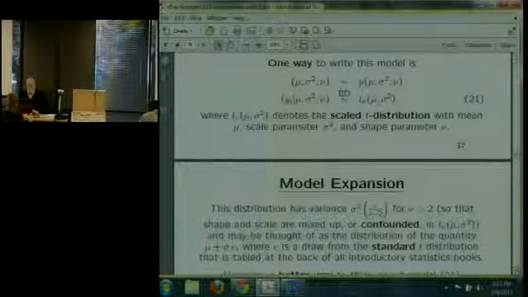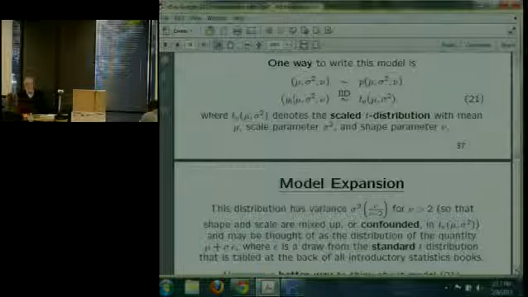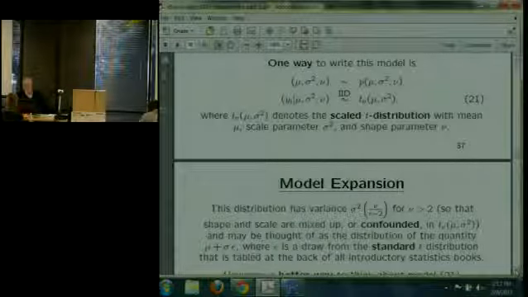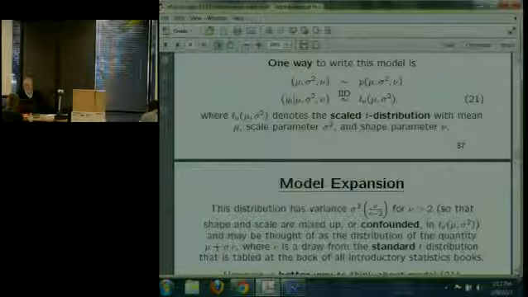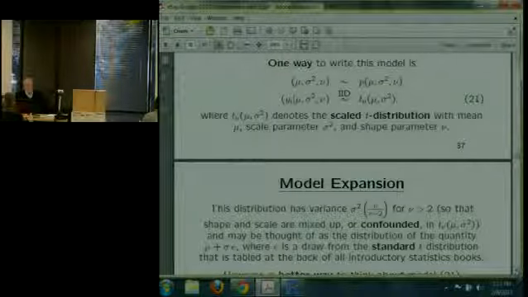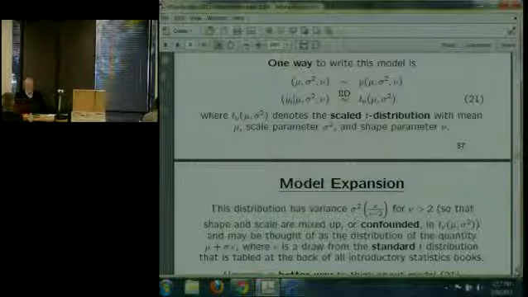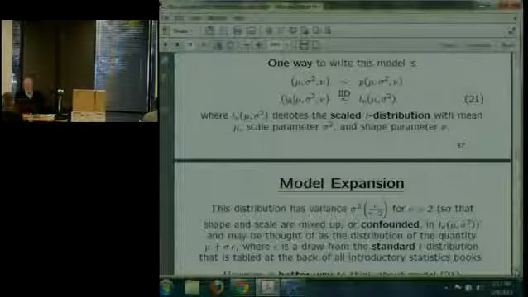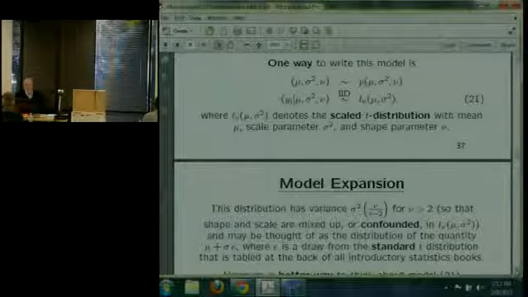So the T distribution turns out, as long as the degrees of freedom are bigger than 2, to have variance sigma squared times nu over nu minus 2. And that's a little bit of a difficulty for working with the T distribution, because that means that the shape of the distribution and the scale are mixed up with each other, or confounded.